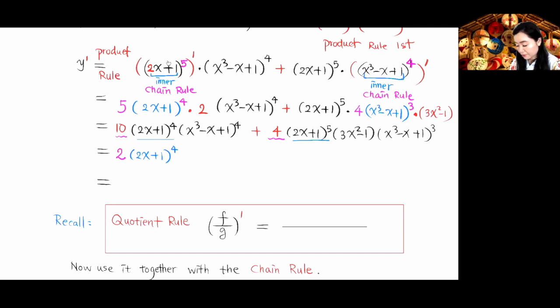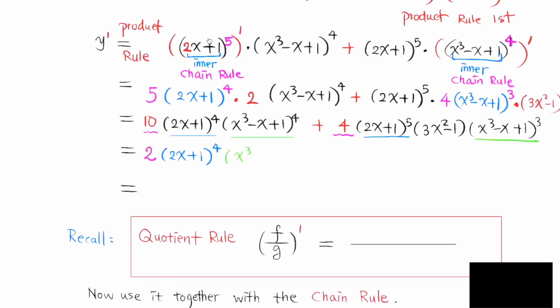I also have x cubed minus x plus 1 to the 4 power and this one to the 3rd power. So I'm going to take x cubed minus x plus 1 to the 3rd power. I take the lower power because it has to be common to both of them. Now we use a parenthesis over here.